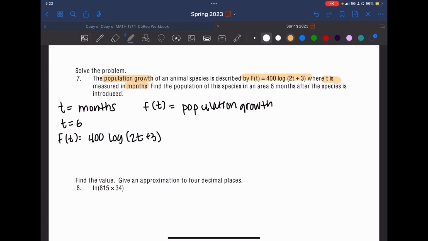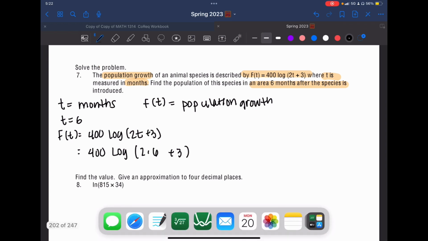T is months. And that's what it's asking you to find. So we're going to substitute this. We get 400 log of 2 times 6 plus 3. And then we put that into our calculator. Let's see what we get.